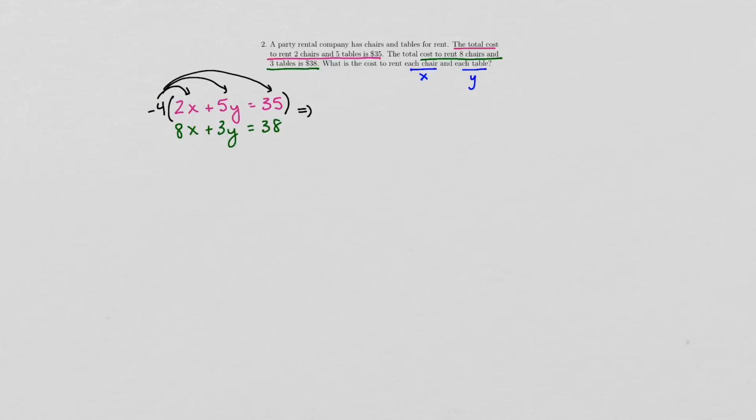So we're going to end up with -8x minus 20y equals, so we have to multiply 35 times -4, so -140. And then 8x plus 3y equals 38. So these guys would cancel.